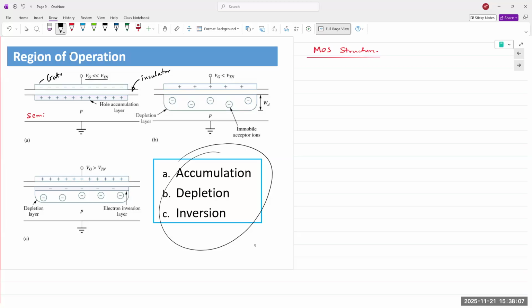And if you're applying a negative voltage at that terminal, what happens to the electrons and holes in the substrate? If you apply a negative voltage anywhere, what happens to the electrons?